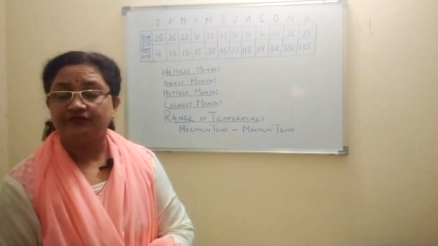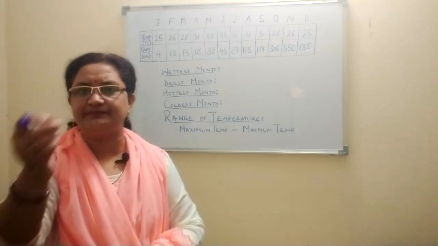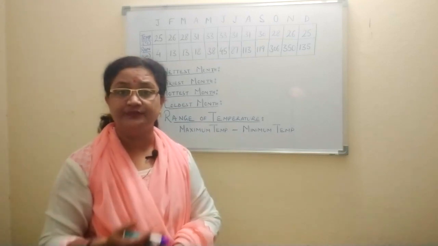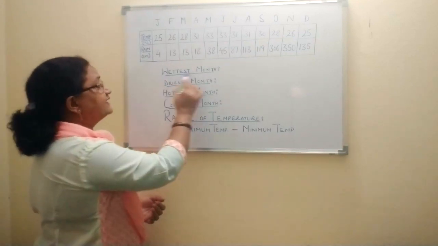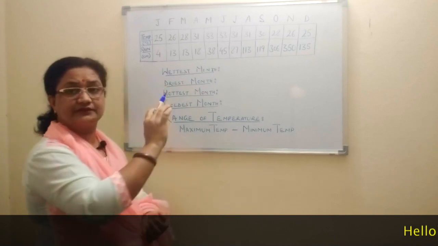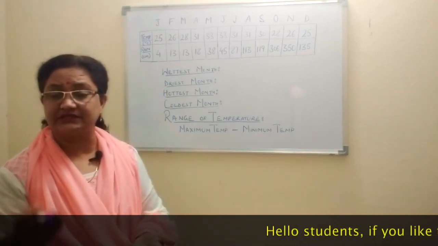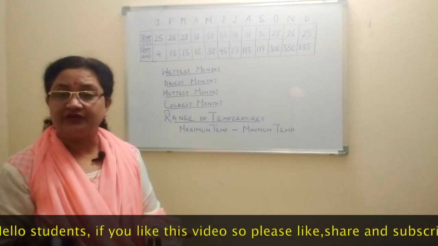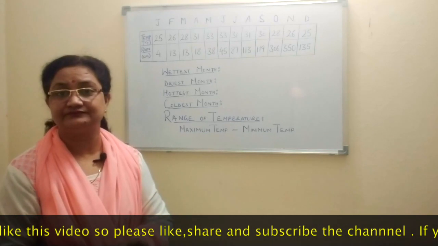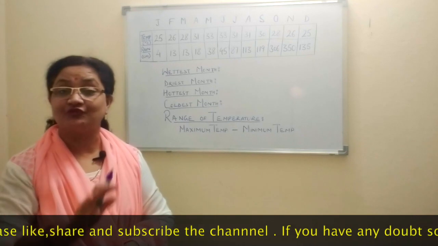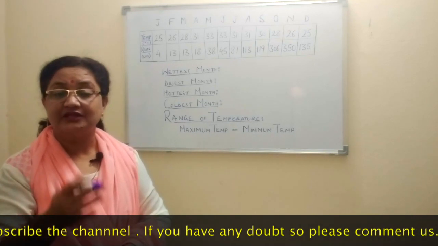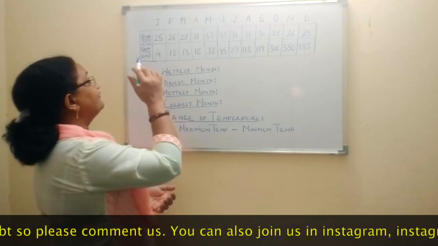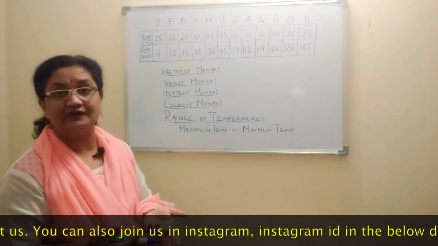Okay, let's see. First of all, the first very basic thing they can ask, right? What the question may come, that is actually the wettest month, driest month. Now just think of it, which is wettest month? Yes, come on. When we are getting the maximum rainfall. Understood? So wettest month means when we are getting maximum rainfall, and for that, which column you have to check?